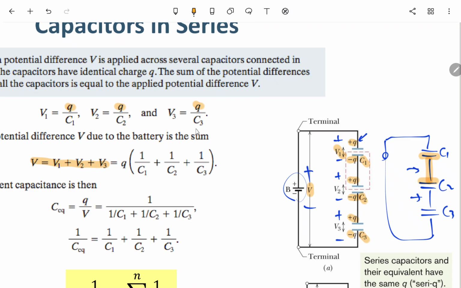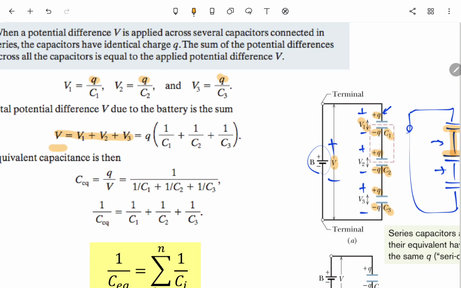And then we plug these three equations in here. So we have Q over C1 plus Q over C2 plus Q over C3. Clearly Q is a common factor, so we put Q in front. We have 1 over C1 plus 1 over C2 plus 1 over C3 in the parentheses. So V equals Q times this big thing.